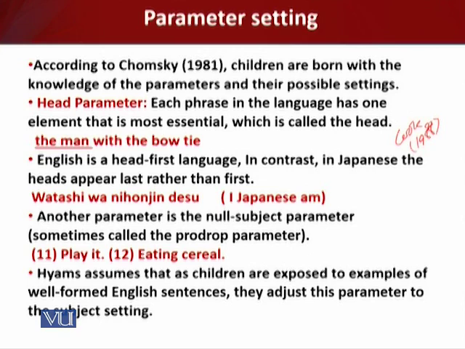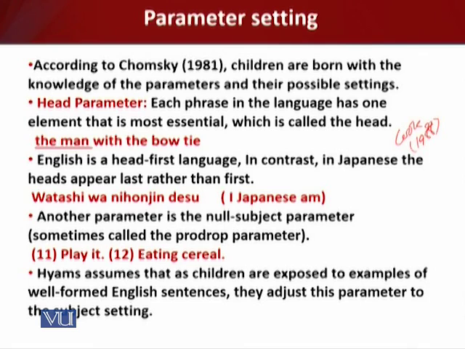It is the noun in the noun phrase and the verb in the verb phrase. The head parameter specifies the position of the head within the phrase. In an English noun phrase, the head noun comes first. For example, the man goes to bar.